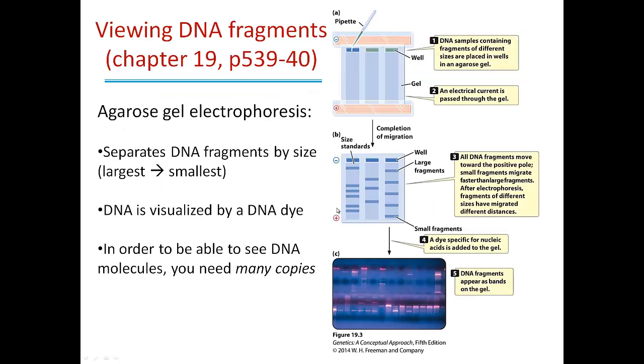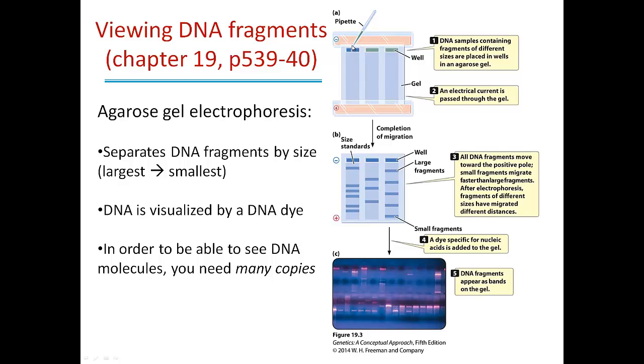The next thing I'd like to talk about is how we actually visualize DNA when we're working with it in the laboratory. We use something called agarose gel electrophoresis. What this does is it separates the DNA by size. The agarose acts sort of like a sieve, and the DNA will move through that agarose gel. This is all based on the fact that DNA is negatively charged, and so it's going to move toward the positive electrode.